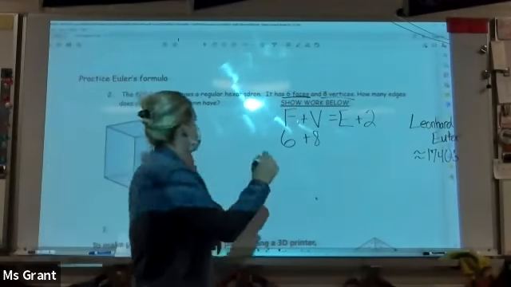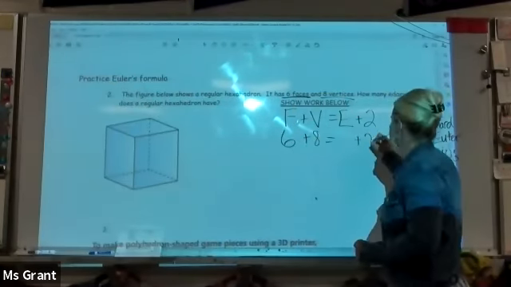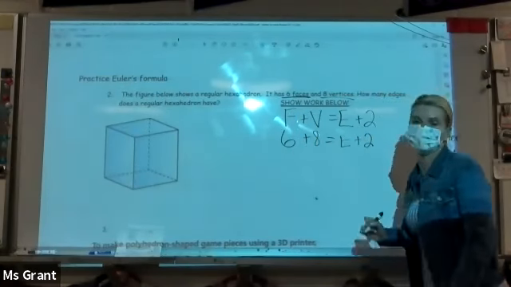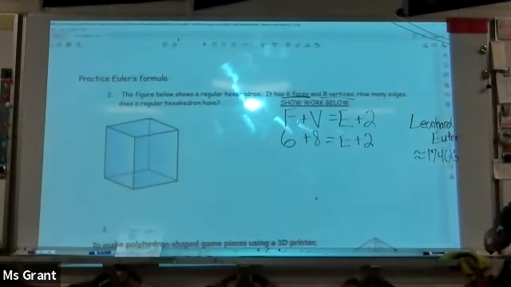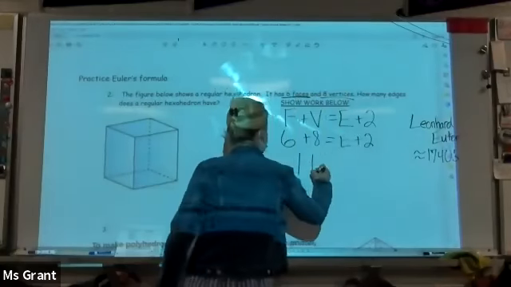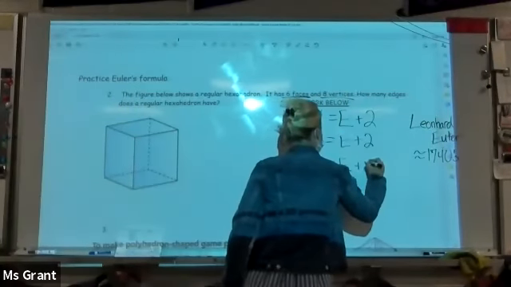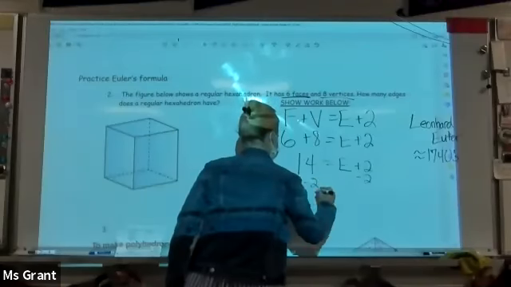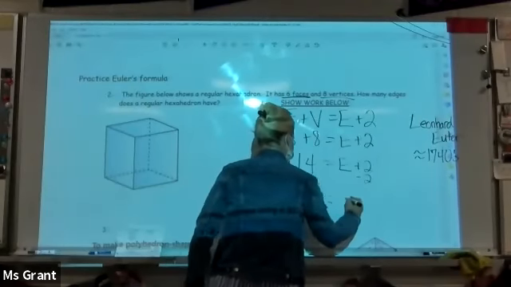And if I don't know how many edges, I would just leave my edges unknown. Obviously I'm just doing simple math. This is like order of operations, right? 14 equals edges plus 2, subtract 2, there are 12 edges.